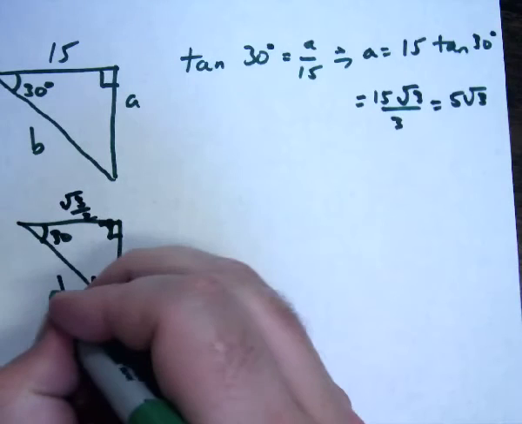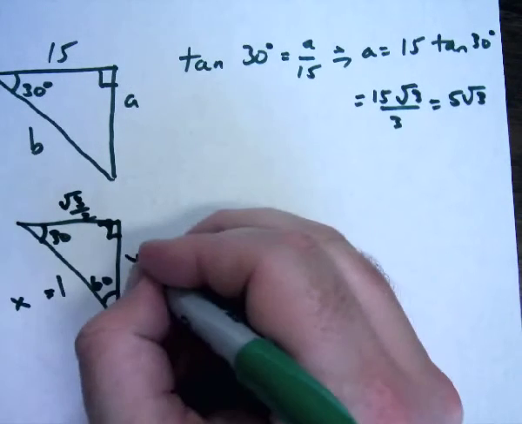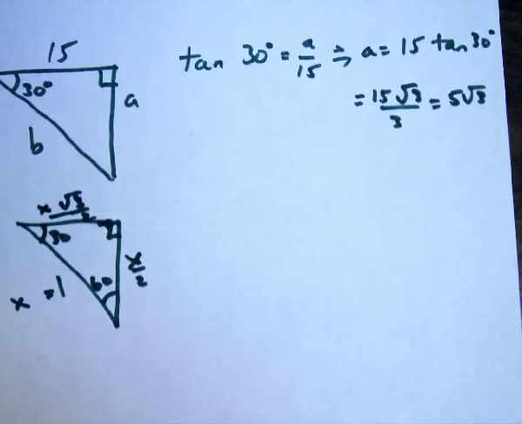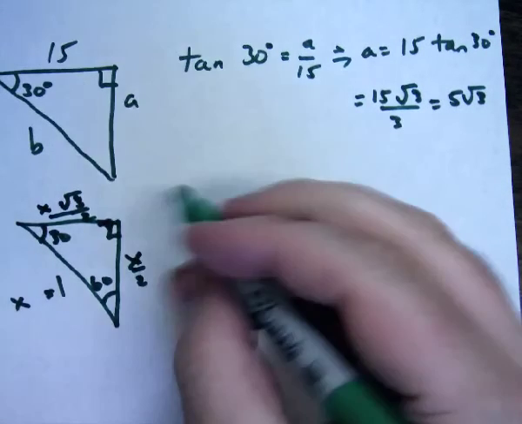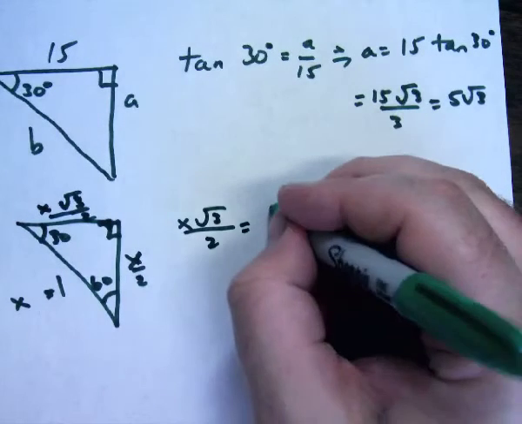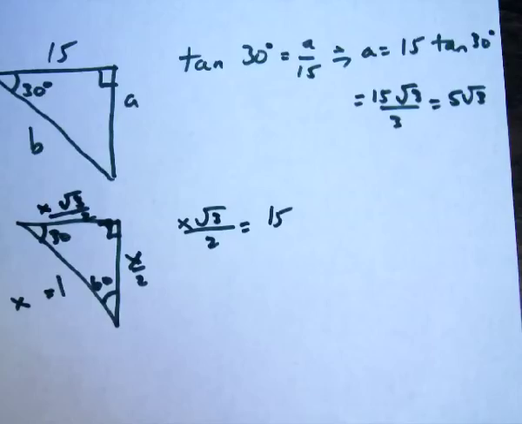And so this would be x, this would be x over 2, and this would be x root 3 over 2. And we could say, well, x root 3 over 2 equals 15. Now this may not look very nice to you. However, it's going to give us a small advantage in that we're going to solve both a and b here real quick.